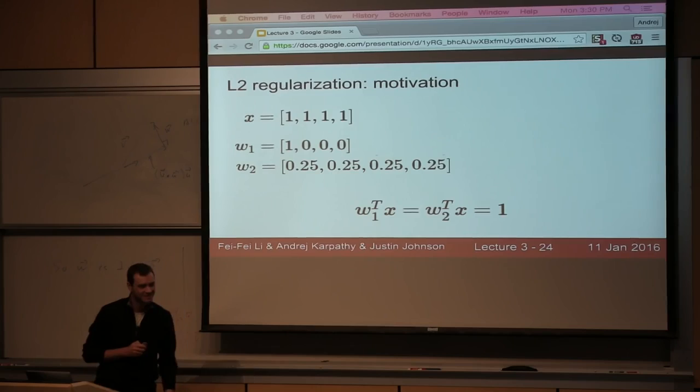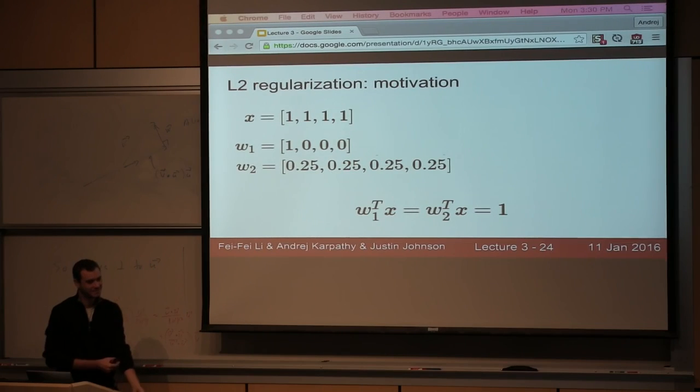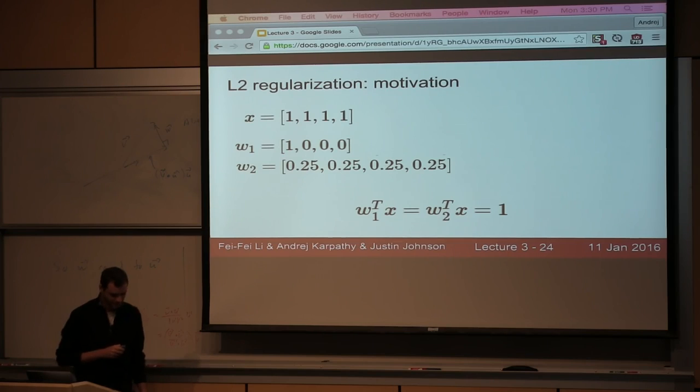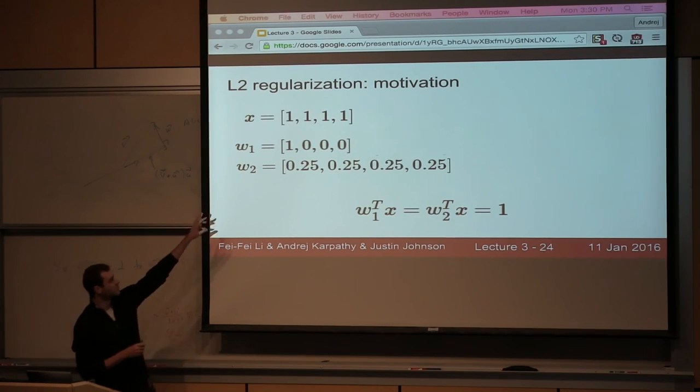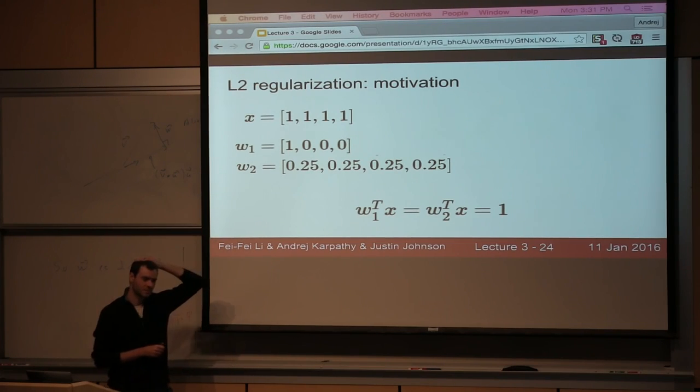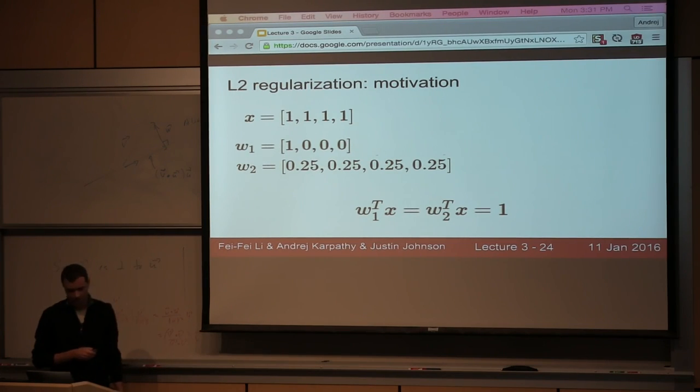Couldn't you say that epsilon, 0, 0, 0, with epsilon being a really small number, would do the exact same thing as W1? So that vector would do the exact same thing, but would also have much smaller regularization. So you want to consider a different W, and you want it to look slightly different from these two? I'm just saying, like, the previous question was, isn't it good that we're ignoring some values?